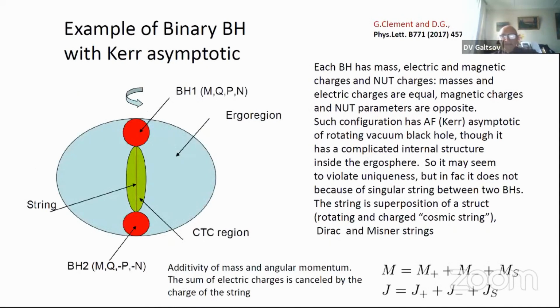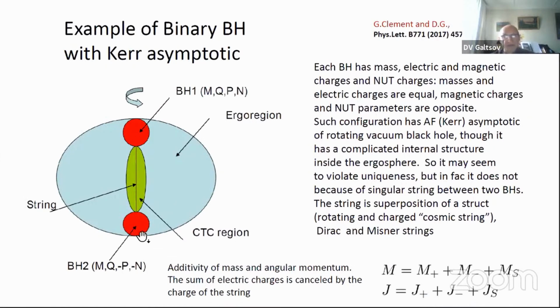And this is an example of two-component solutions, which we consider in this paper. There are two black holes inside the unique ergo region. These black holes have mass, electric charge, and also magnetic charges: opposite electric charges equal, magnetic opposite, and opposite NUT charges.